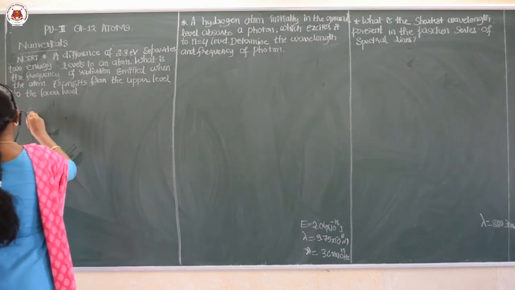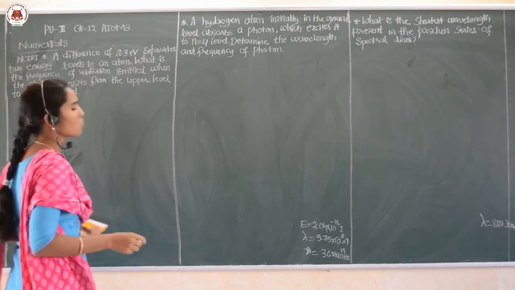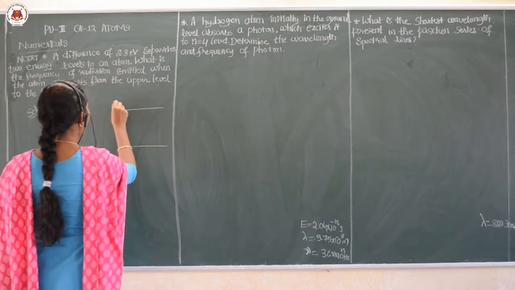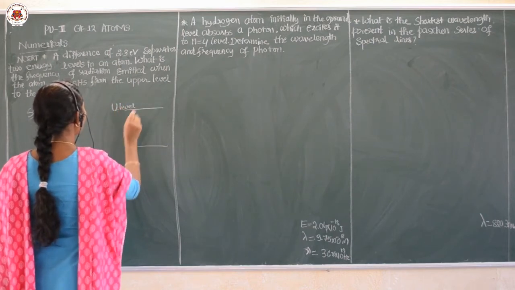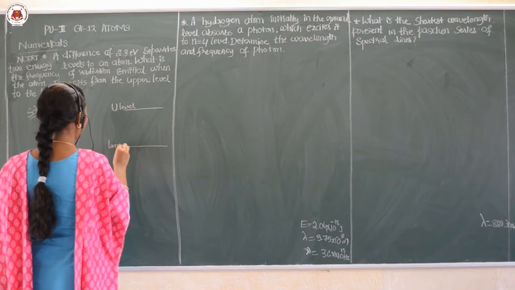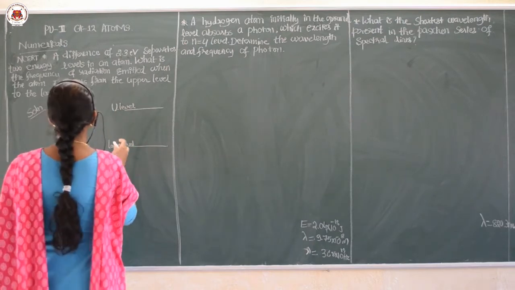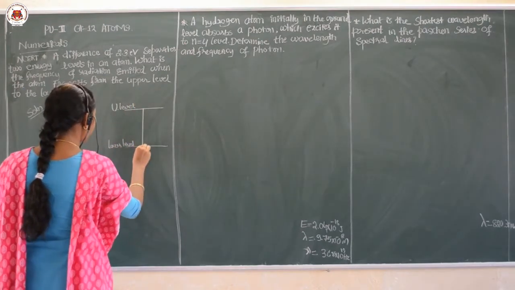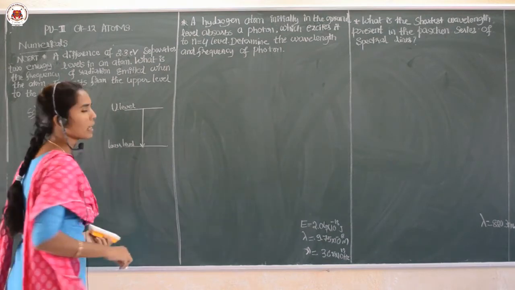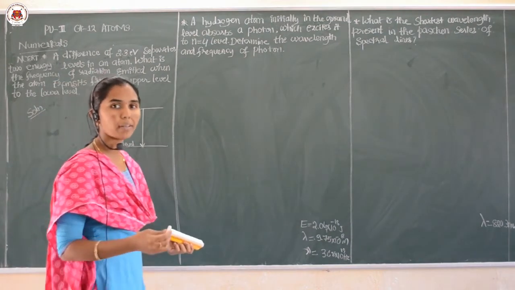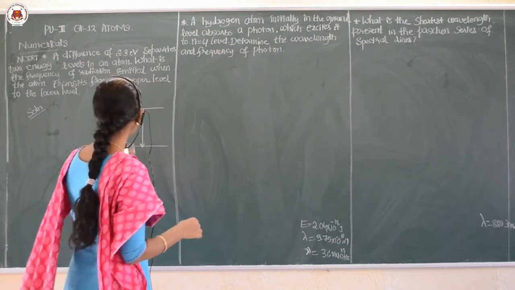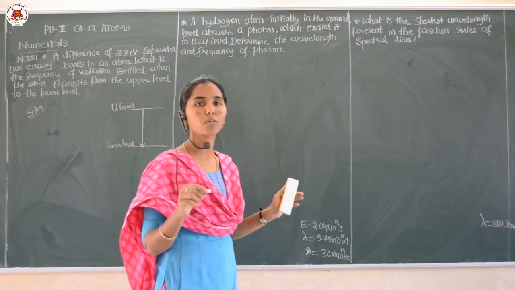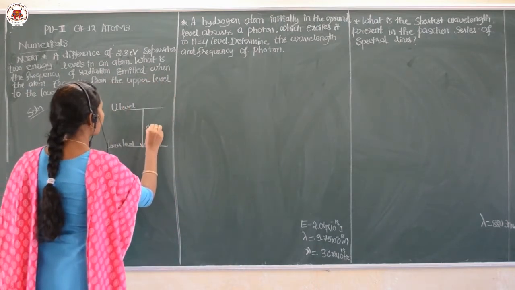See, dear students, in this question they have given one atom, and it consists of two levels. One level is taken as the upper level and another one as the lower level. The electron makes the transition from the upper level to the lower level, and we know that when an electron goes from the higher energy level to the lower energy level, a photon is emitted.